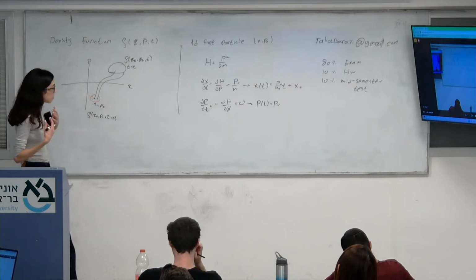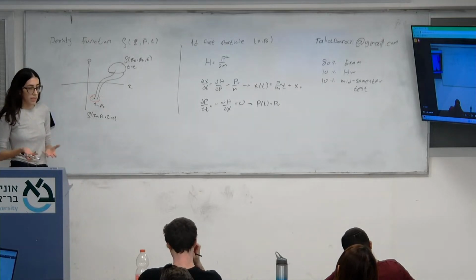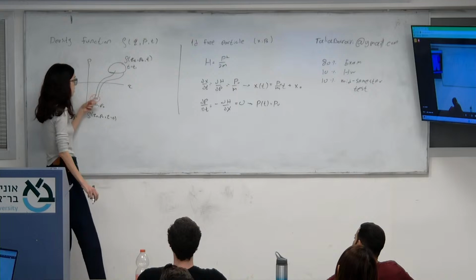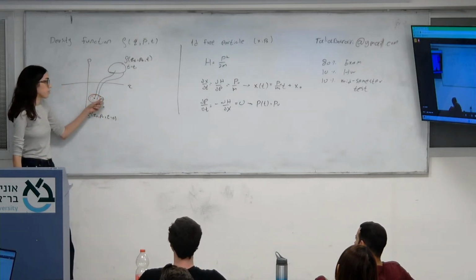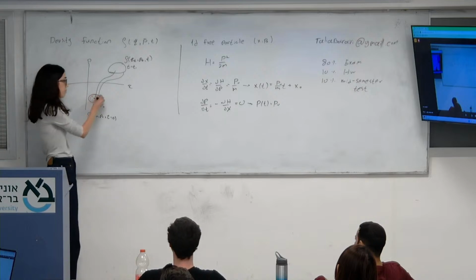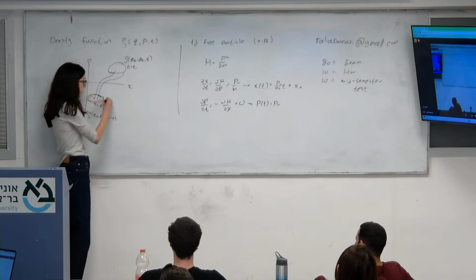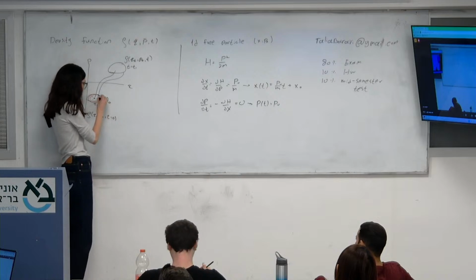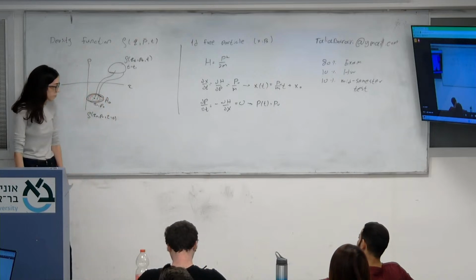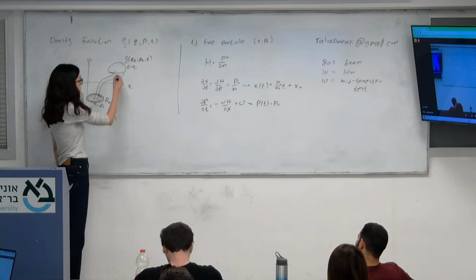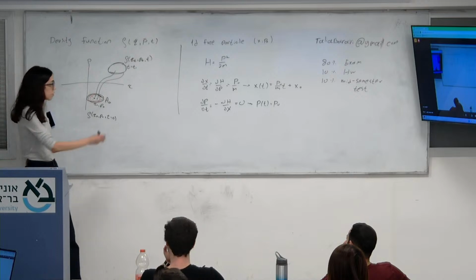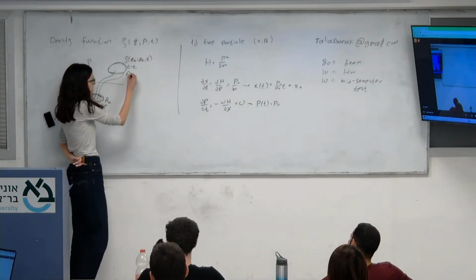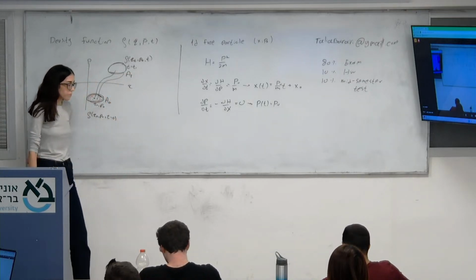So what Liouville's theorem claims is that if I start with an initial condition with some volume, we call that A0, which is everything that's inside that circle, and I plot all of those points at some time that is larger than 0, let's call it A1.